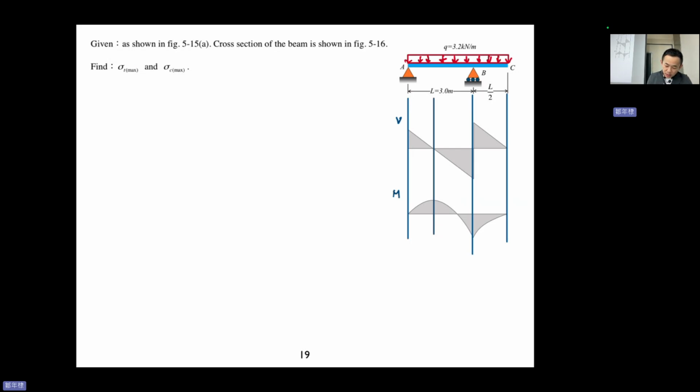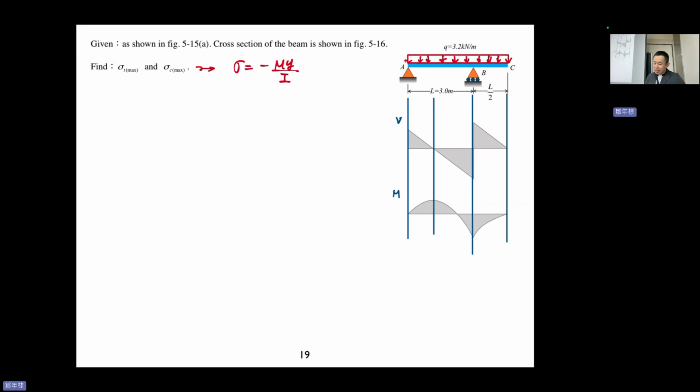We need to know sigma T max and sigma C max. Where will it be? Let's take a look. Sigma equals minus My divided by I, right? Did I say anything about the cross section?